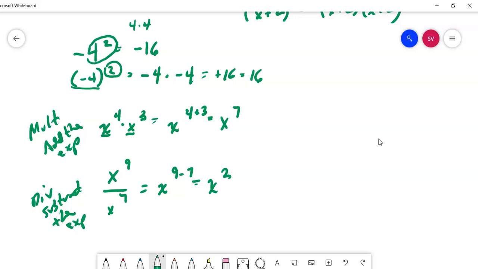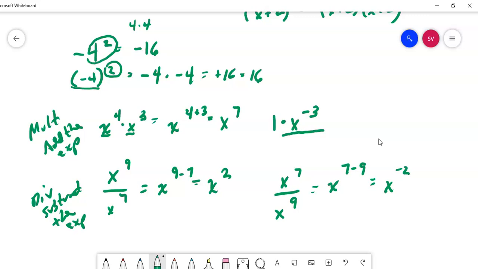Now, if we end up with a minus exponent, because this could easily be switched, say I have a problem like x to the 7th over x to the 9th. We subtract, I get x to the 7 minus 9, which will give me x to the minus 2 power. Now, it's improper etiquette to have a minus exponent, so I'm going to assume that this x to the minus power is multiplied by 1, and I'm also going to assume that it's over 1. You could do that with anything.